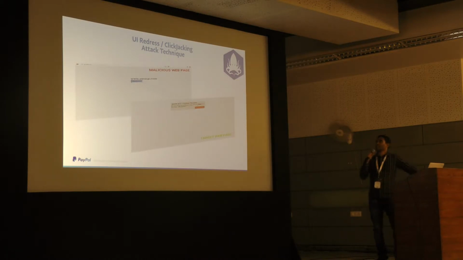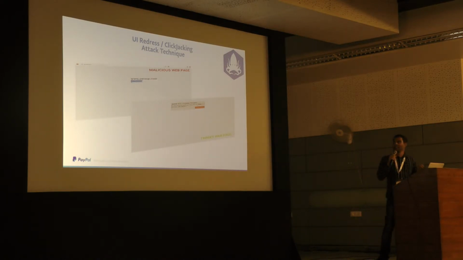So UI redress or clickjacking is another interesting security vulnerability. So we saw that CSRF attacks or defense solutions aim at ensuring that the web requests are coming from your own domain and not from the third-party domain. But clickjacking involves basically allowing a third-party site to submit a request to a different application.